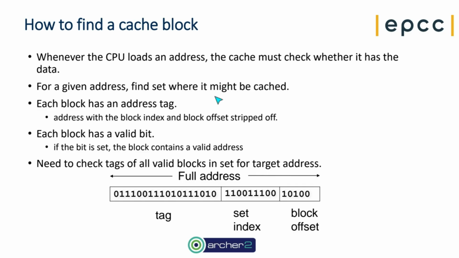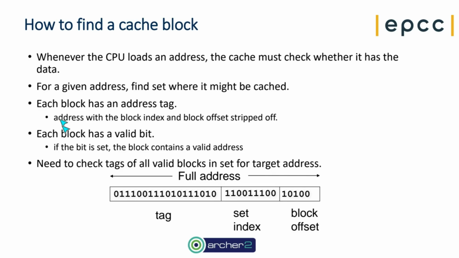To do that, along with the data, what's called the address tag is stored for every block. This is basically just the high-end bits from the address. So we've got the block offset at this end, we've got the set index, and then the rest of the bits in the address form the tag, and that's what gets stored in the cache along with the data.